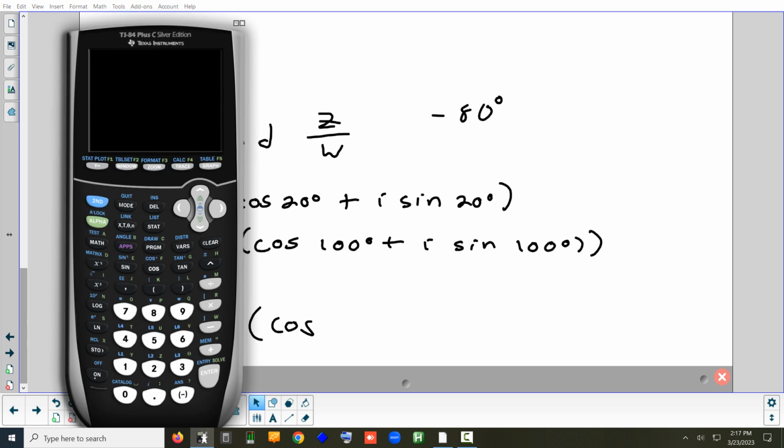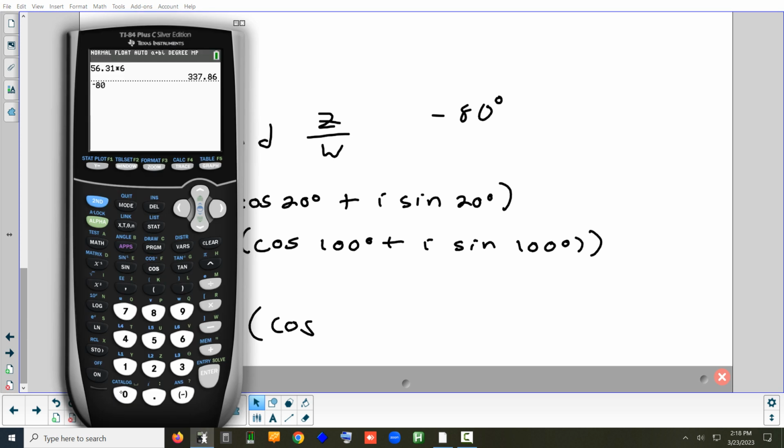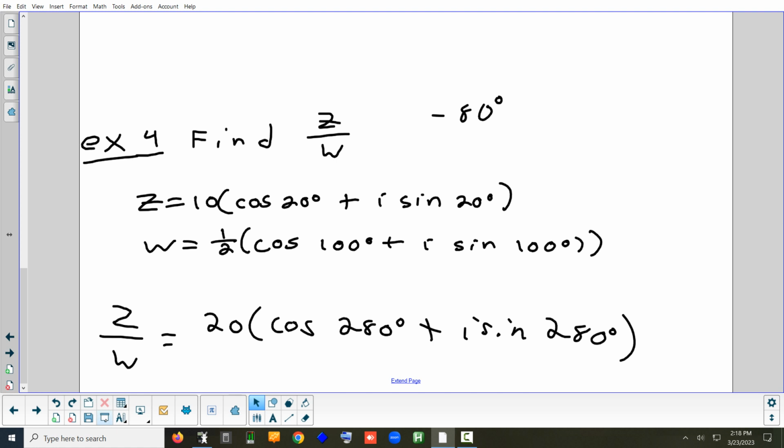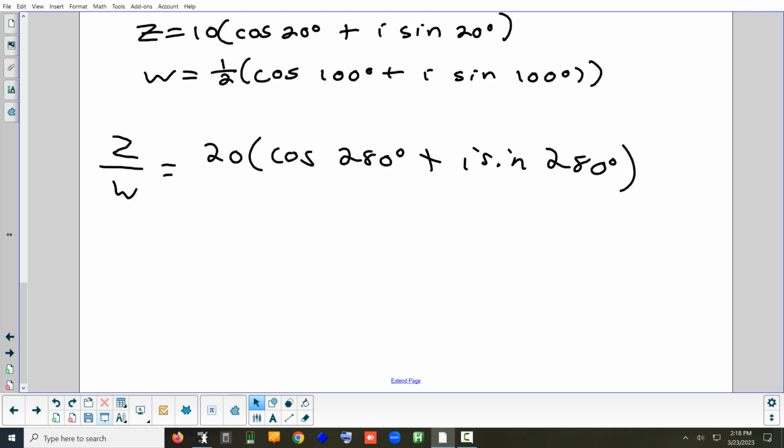And if you take -80 and add 360, you get 280. So we're going to write 280. So that's your answer in trig form or polar form.